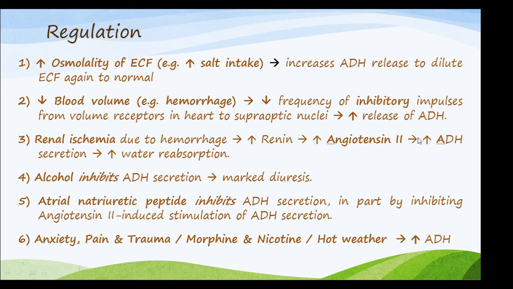This process is inhibited in the presence of atrial natriuretic peptide. Sixth one is anxiety, pain, and trauma. Administration of morphine and narcotics, and even hot weather can cause an increase in ADH and a corresponding increase in water reabsorption. So this was about the ADH hormone.